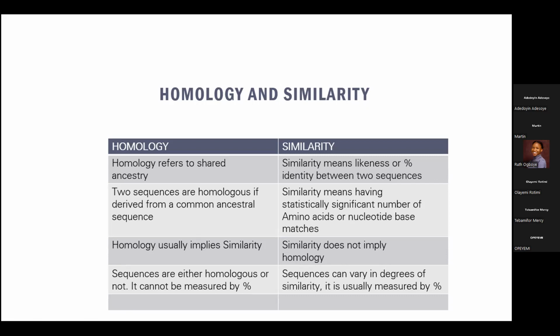You cannot say we have percentage homology. No, there's nothing like that. While for similarity, it varies in degrees, so it can be measured using percentage. That's why it says it means having a statistically significant number. So it's something that can be calculated.